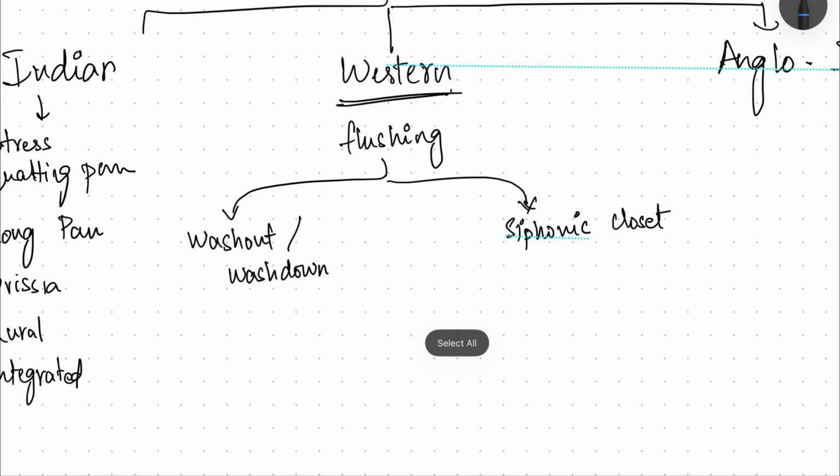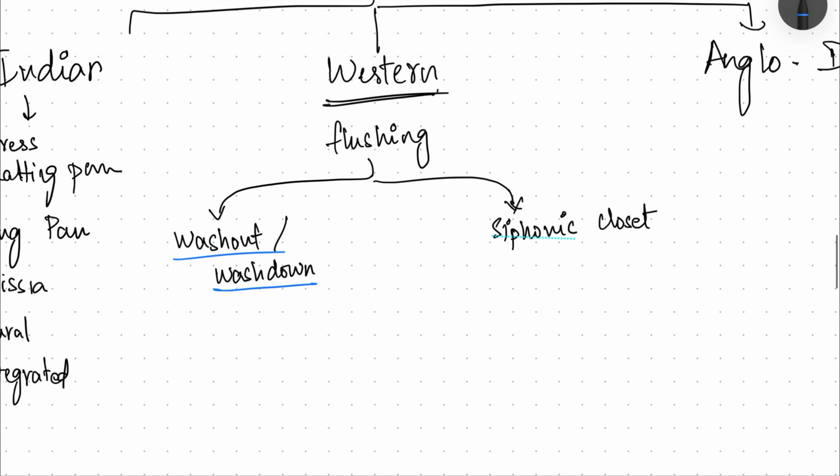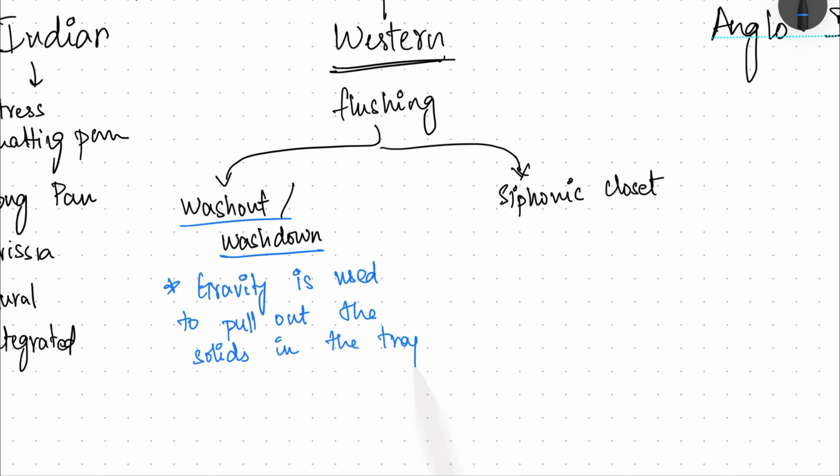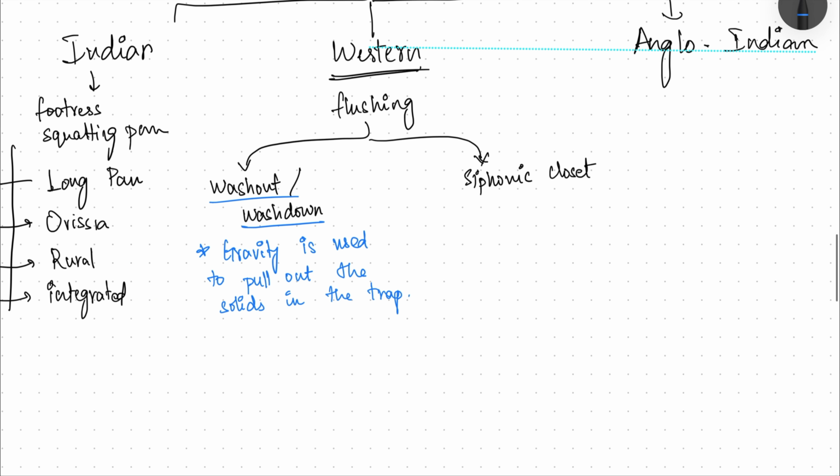In wash down or wash out closet, gravity is used to pull out the solid, which means your human excreta. And here, siphonic action is used.